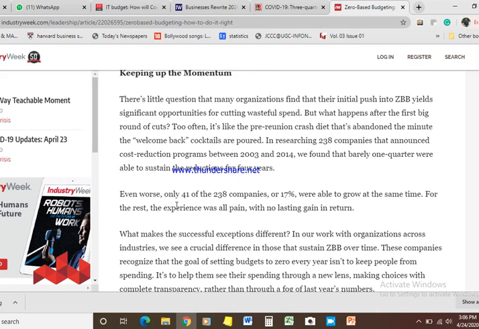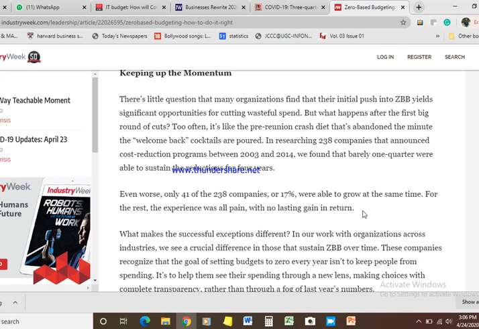One of the surveys done by the author says that only 41 of the 238 companies were able to grow when zero based budgeting was introduced during the period from 2003 to 2014. So in a 12 year survey conducted by researching 238 companies, it was found that only 17% were able to grow during the same time, whereas the rest experienced all pain with no lasting gain in return.